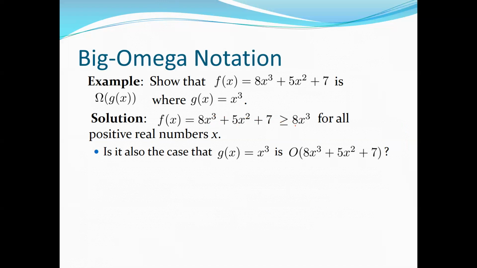So we found that c is equal to 8, and we need to find the k value for which this inequality becomes true. If this is true, we can say that f of x is big omega of g of x, and consequently g of x is obviously big O of f of x.